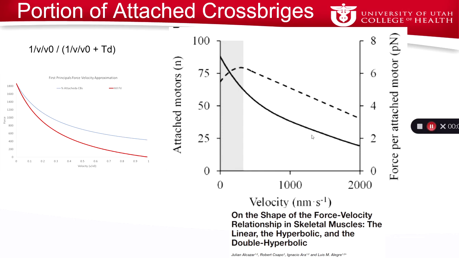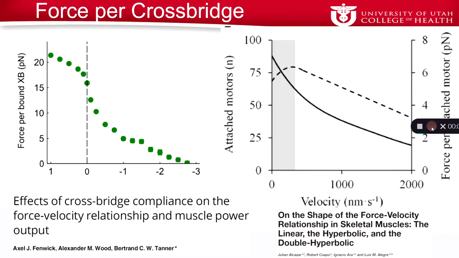These authors also reported that force generated from each cross bridge decreased with increasing shortening velocity, at least after some threshold was reached. So not quite sure what's going on over here, but then at some point force decreases. But another group has reported the force per bound cross bridge with a little different shape.